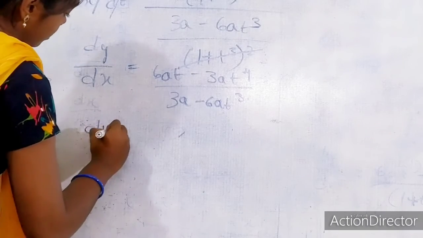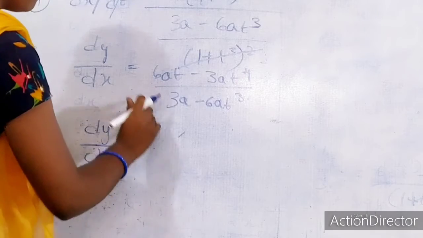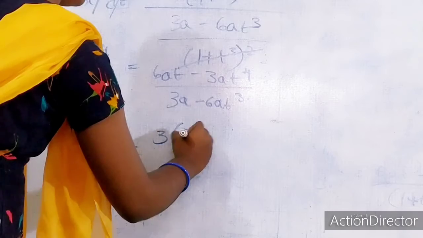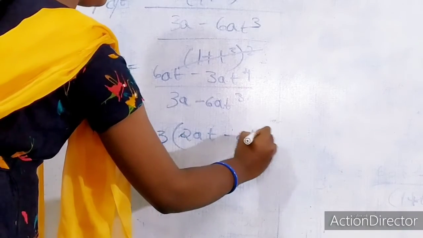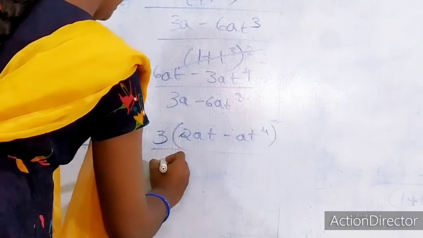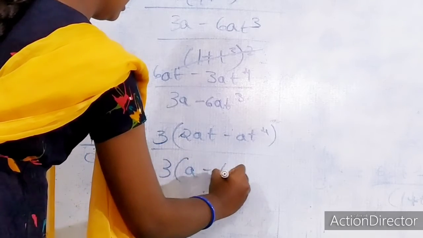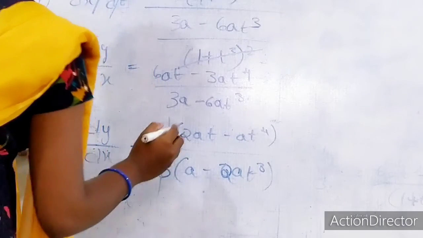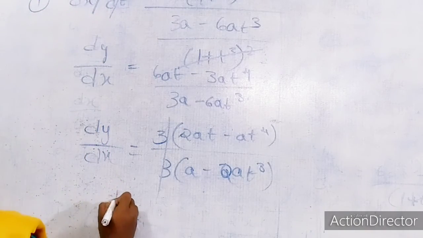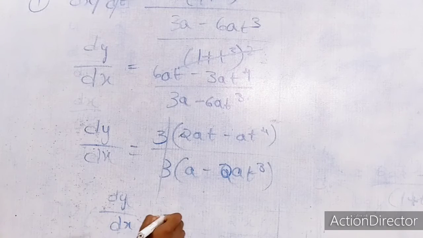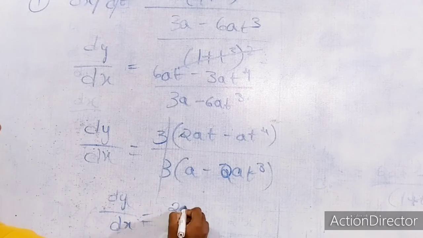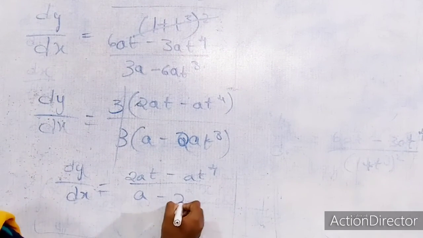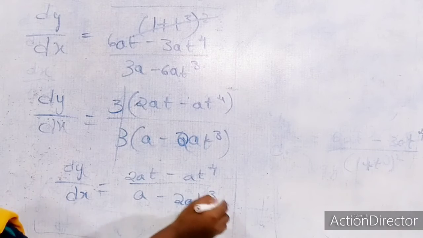Now for the final answer, we take 3 as common: 3 into 2at minus at to the power of 4 divided by 3 into a minus 2at cube. 3 gets cancelled. So the final answer is dy by dx is equal to 2at minus at to the power of 4 divided by a minus 2at cube.